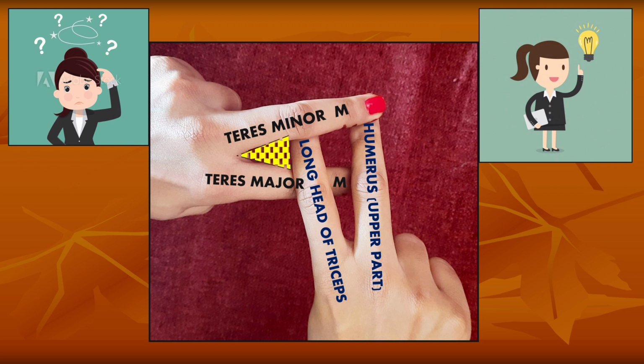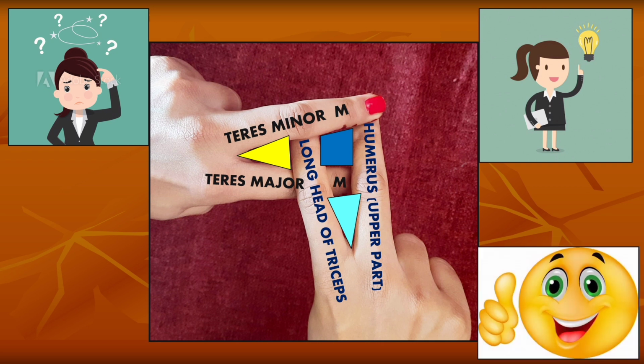This is the upper triangular space which is bounded by teres major, teres minor muscle and long head of the triceps. Here is the lower triangular space which is bounded by the long head of the triceps, teres major and humerus. And here lies the quadrangular space which lies between the teres minor muscle, teres major muscle, long head of the triceps and humerus. If you try this, I am sure you will find it very easy.